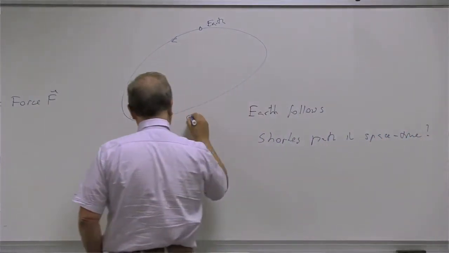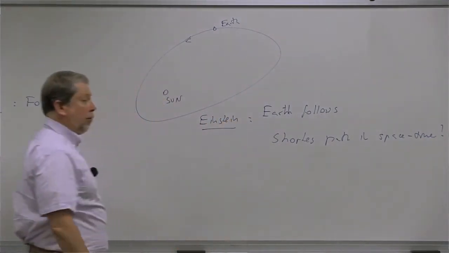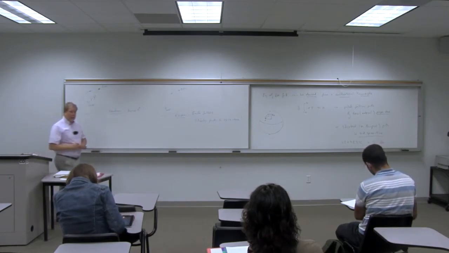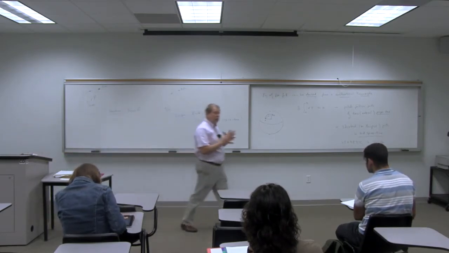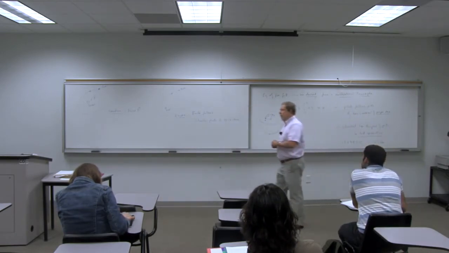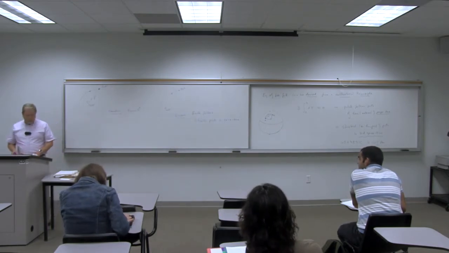And so this is Einstein's statement: the Earth follows the shortest path in 4-dimensional space-time. How that comes about is because the geometry is curved, and there is a non-trivial consequence to that statement that a particle will follow the shortest time in 4-dimensional space-time.